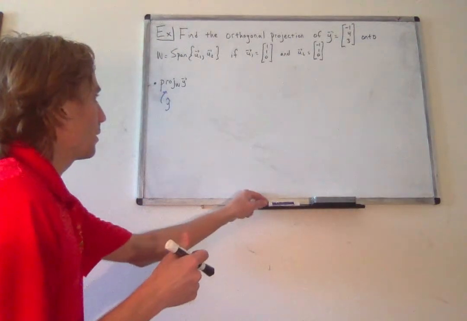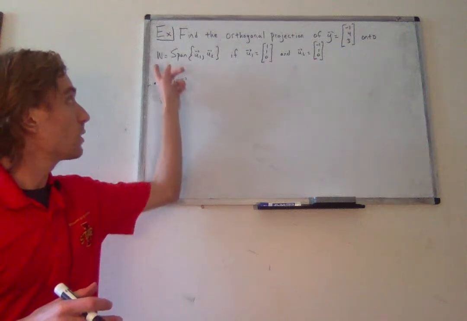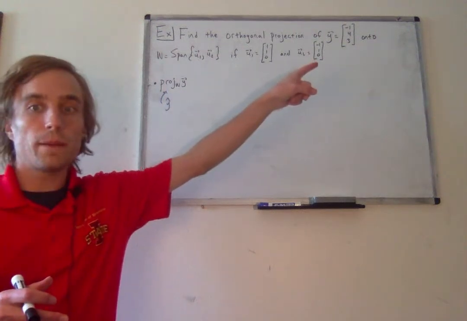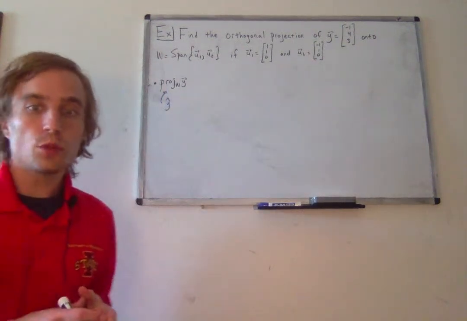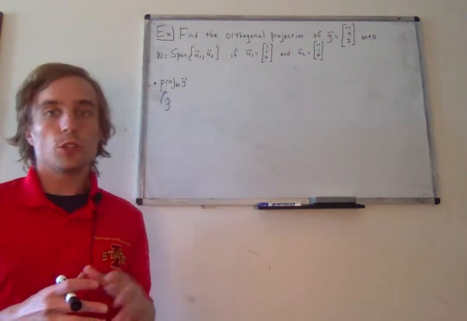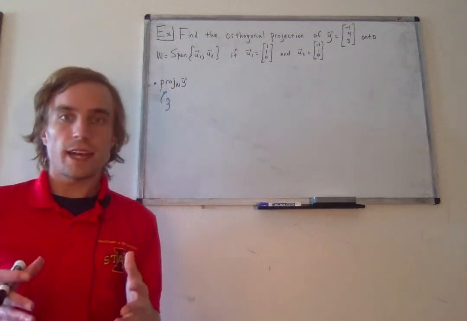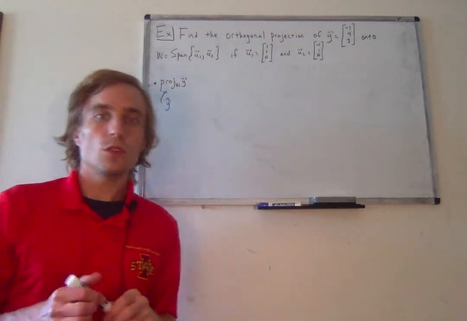This vector, which we're about to define, is the closest vector contained in W to y. After this example, we will prove that this projection of y onto W is in fact the closest vector in W to y.